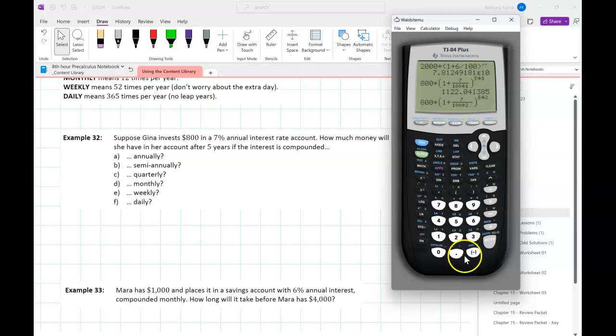Okay, let's check. $6.40. Not a whole lot. If I change that now to quarterly, so I'm going to change the K to 4. Again, it's going to be more than the 1,128. How much more do you think, though? $20? Okay, let's check. And $3.